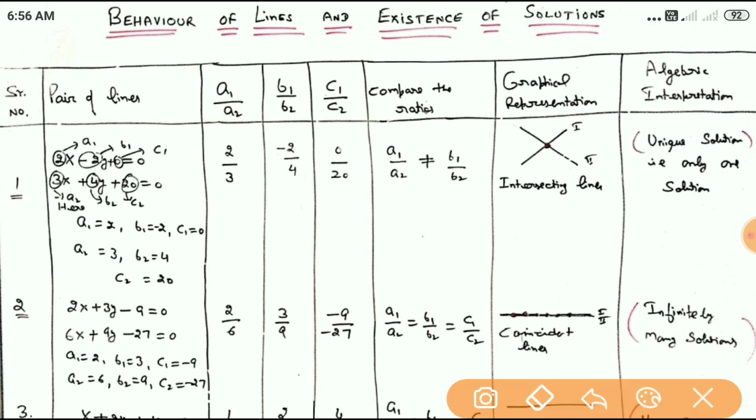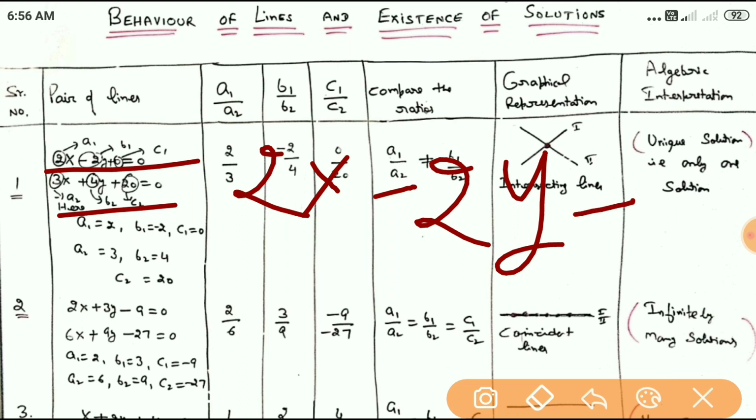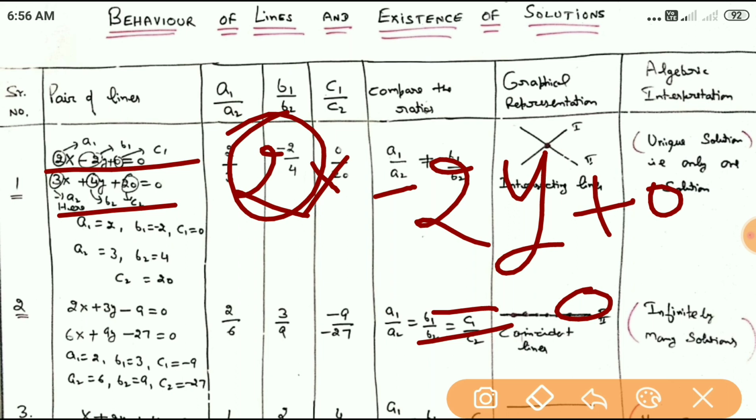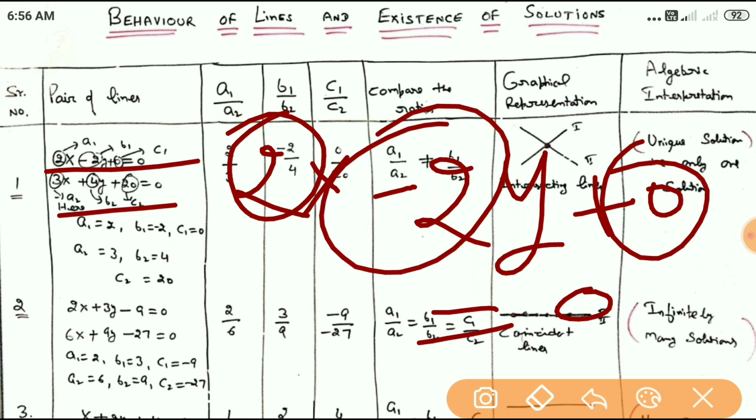The first case has 2 given lines, and the equation of the first is 2x minus 2y plus 0 equal to 0. First of all, you have to find A1, that is 2, B1 that is minus 2, and C1 that is 0.